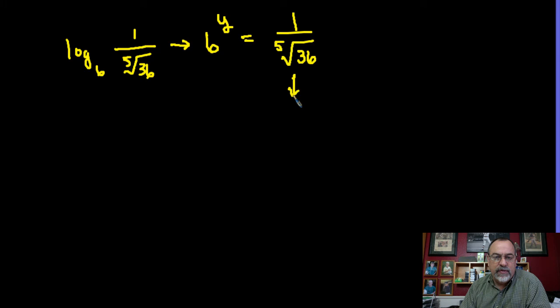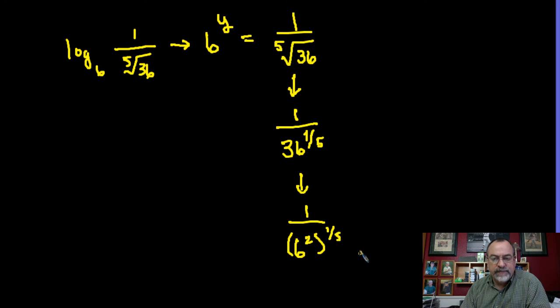So I've got to do a couple things here. First of all, I'm going to change this root into a fractional exponent, 1/5. I know I'm going to need a base 6. 36 I can change into 6 squared, so that's 36 to the 1/5.